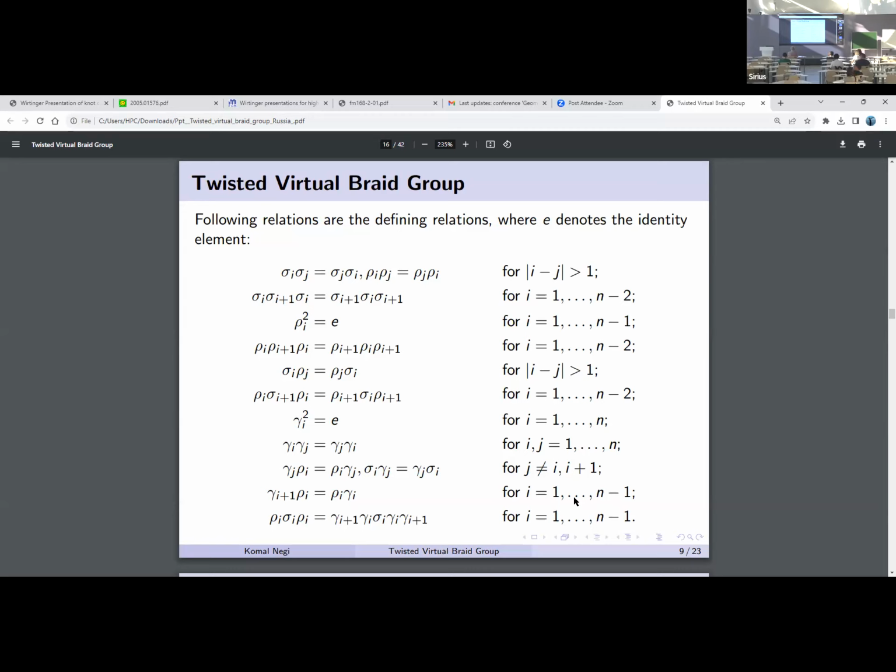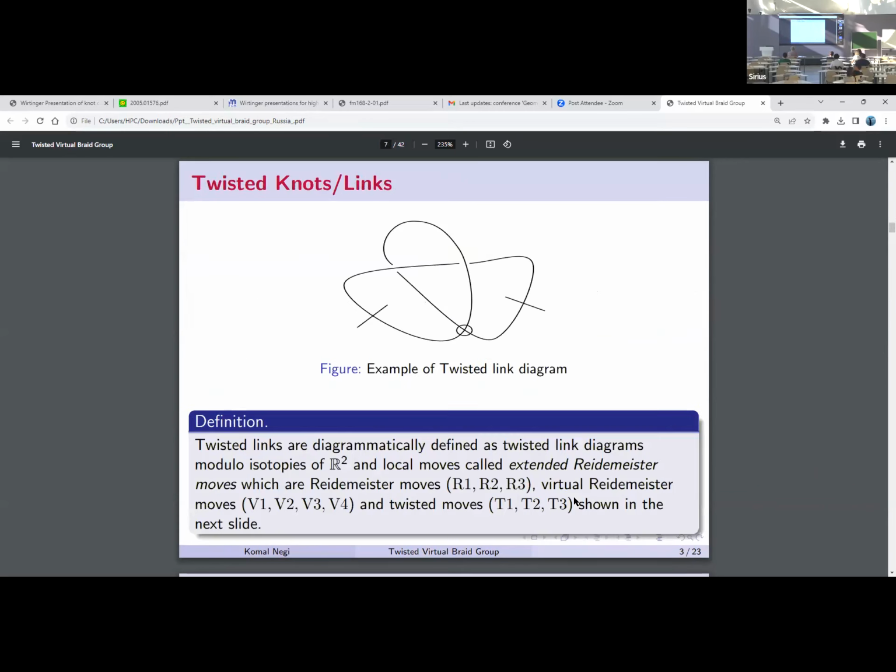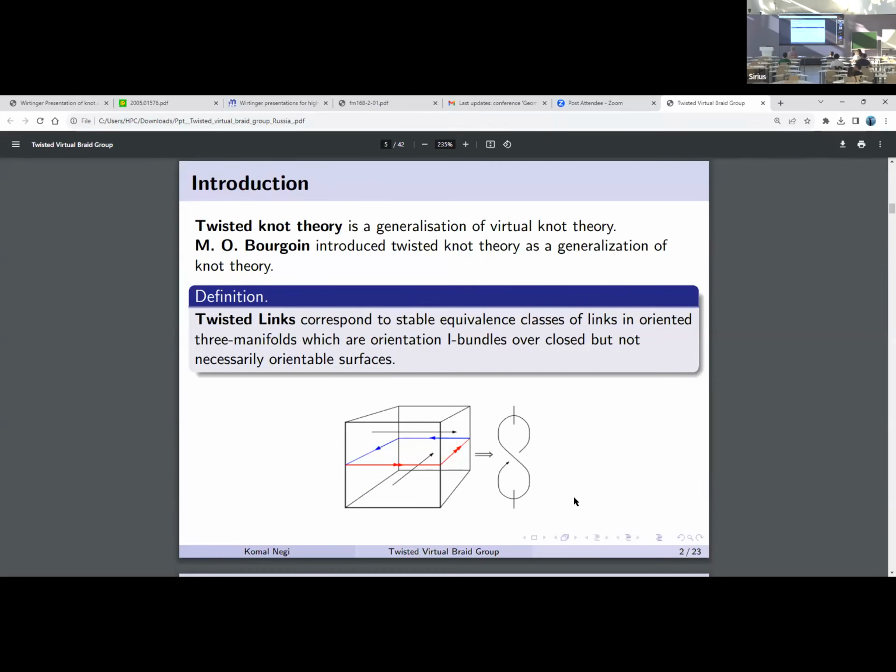Can you please go to the first slide where you introduce these? You say that twisted knot theory is a generalization of virtual knot theory. What do you mean when you say that it is a generalization?